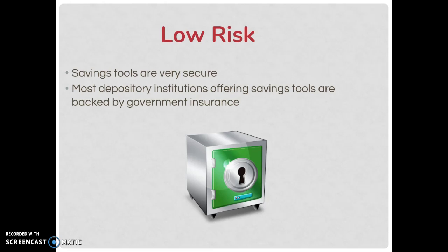Risk happens every day in life. Savings tools are very, very low risk, so you know your money is going to be there and it's going to grow. Some of the things we'll use to compare savings and investing tools are liquidity, risk, and minimum amounts that you can invest, and we'll decide which one's going to be best for us based on those criteria.